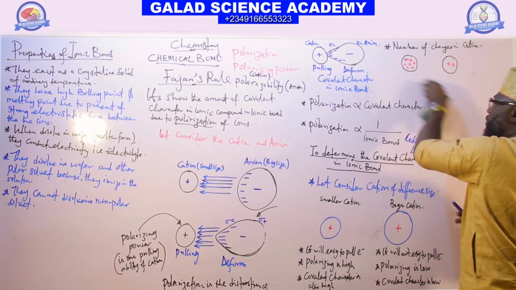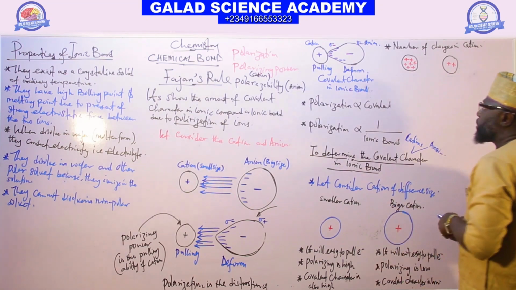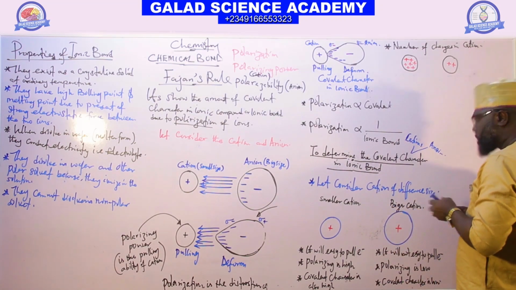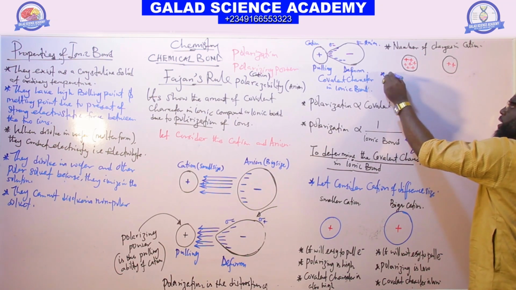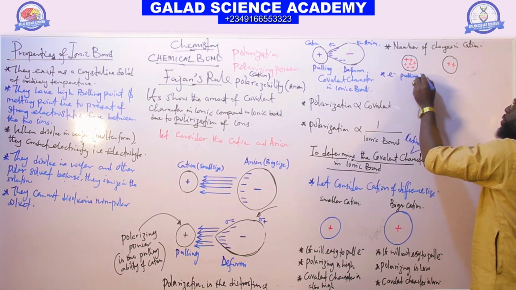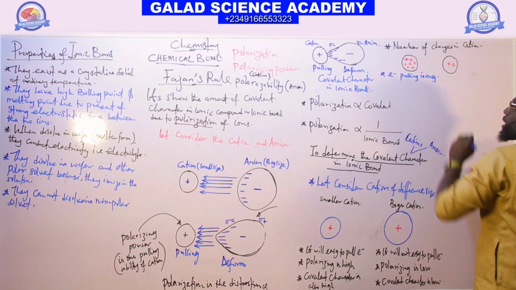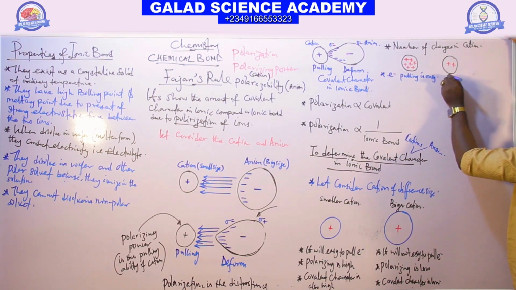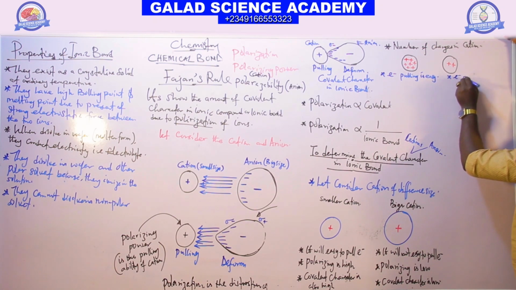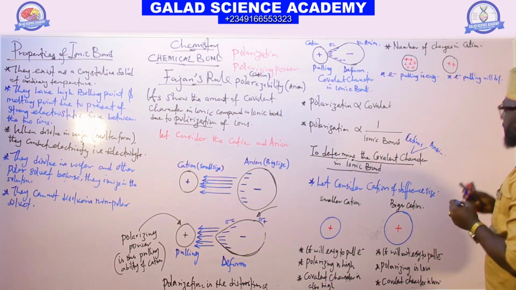Electron pulling will be easy here. But here, electron pulling will be difficult, or is not easy.